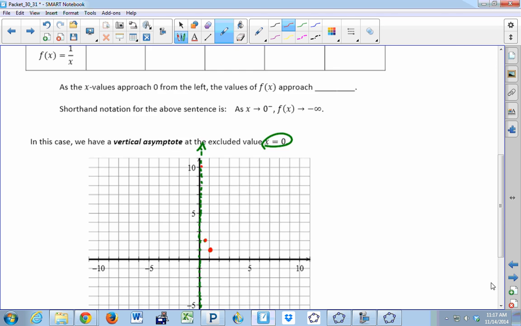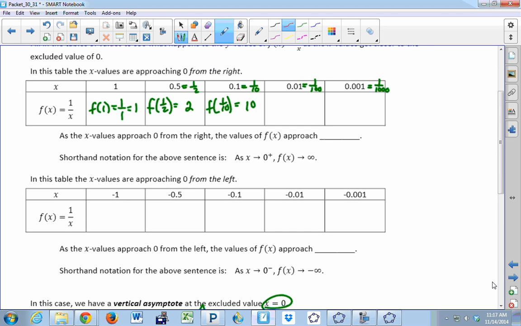All right. Now, what happens when I get even closer? I go 1/100th of the way to the right of 0. What will be my value for my function? 100. And what if I'm only 1/1,000th to the right of 0?